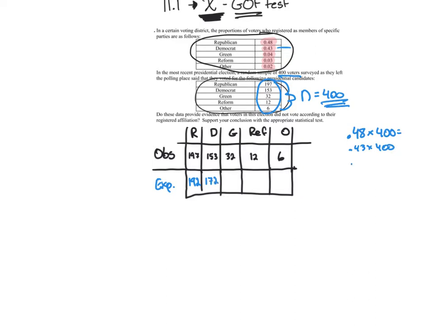Then 0.04 of 400 is the Green Party, so 16 should be there. 0.03 times 400 is Reform, and then 0.02 times 400, and I get 8.